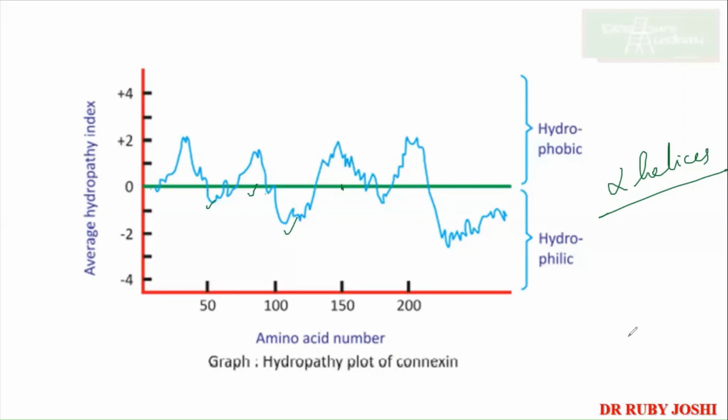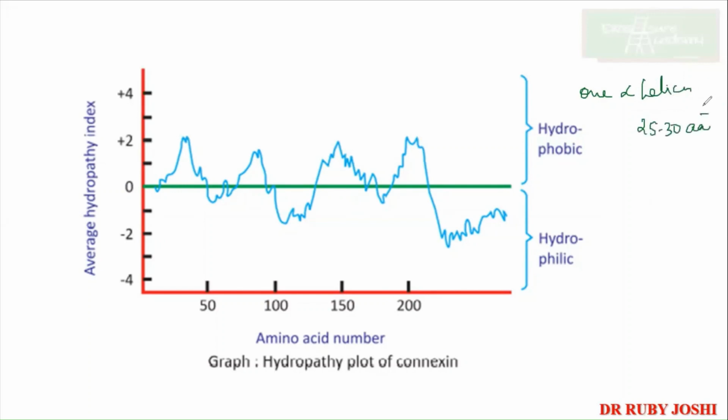So already we have mentioned that one alpha helix in the transmembrane region is around 25 to 30 amino acids. Look here also, almost that much will come. Even if it is not starting from 0, starting from anywhere here, around 25 to 30 we have here. From here to here also you can see, here to here also.